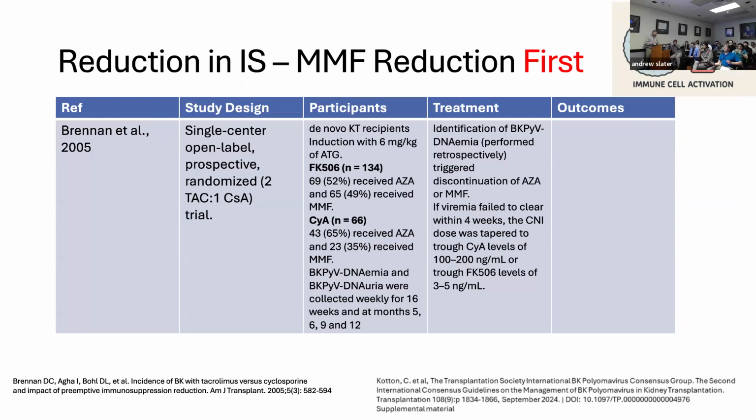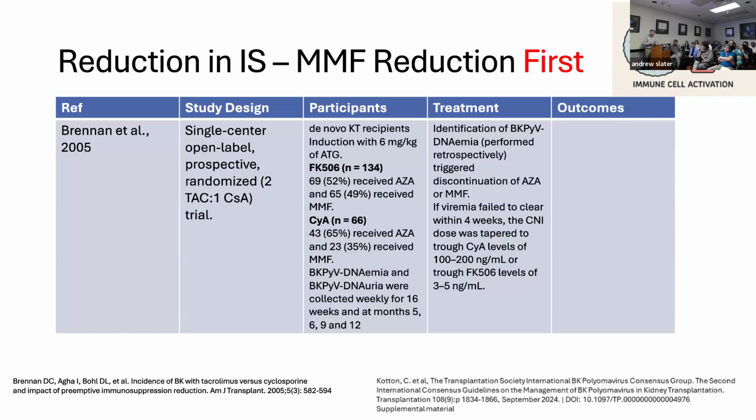So this is an example of an MMF reduction strategy from back in 2005. Single center, open label, prospective randomized trial. De novo kidney transplant recipients with ATG induction. Some are on FK, right? Some are on cyclosporin. Most of them received azathioprine or mycophenolate.